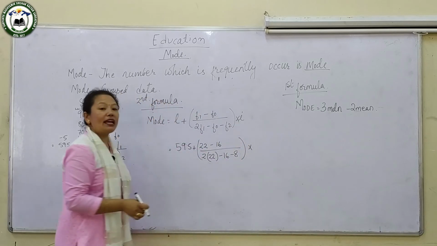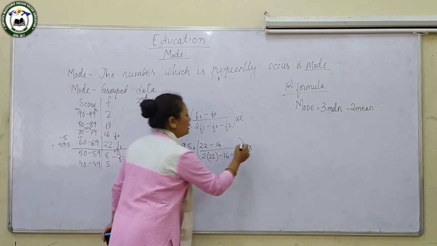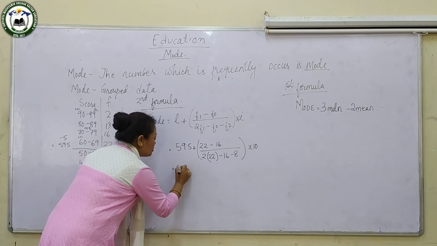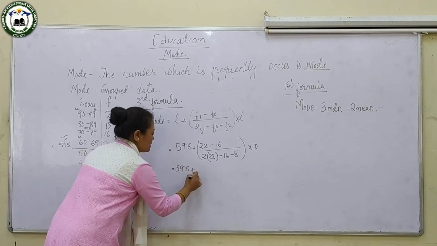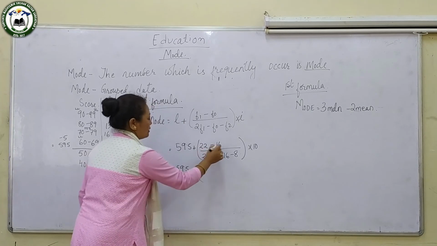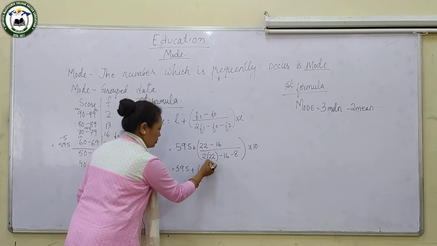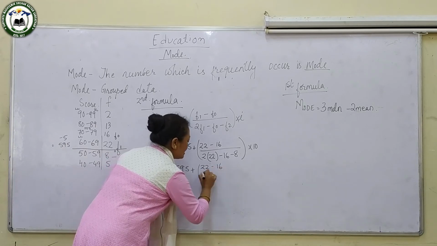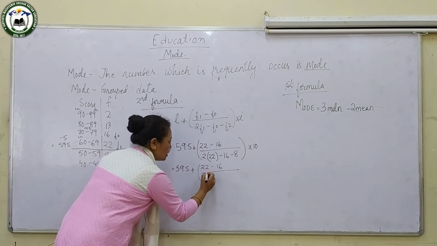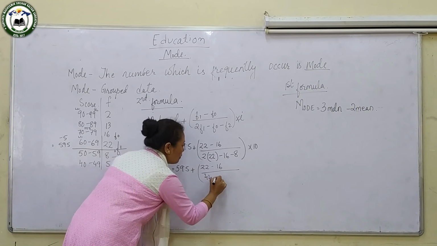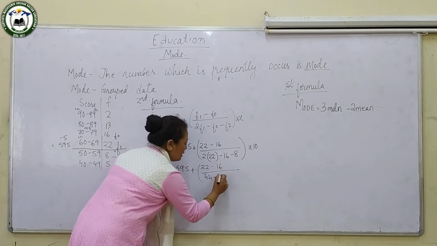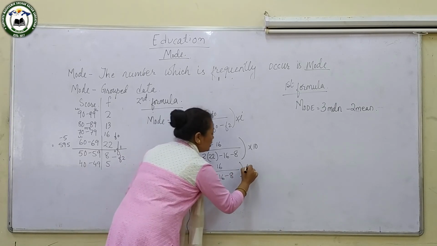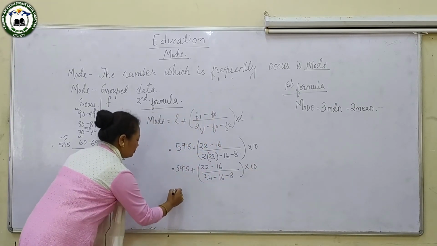Multiply by, what is my I? I is the class interval, that is 10. So 59.5 plus. Now subtract this 2, or either you do this one first. So 22 minus 16. 22 into 2 is 44 minus 16 and 8. So 16 and 8 into 10.